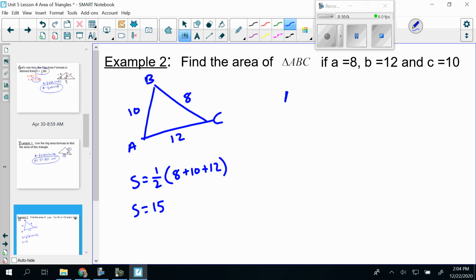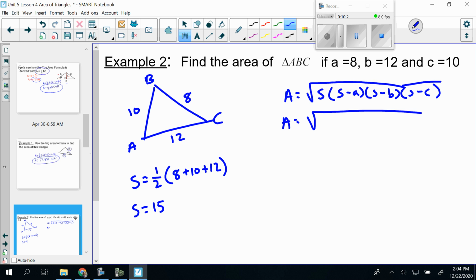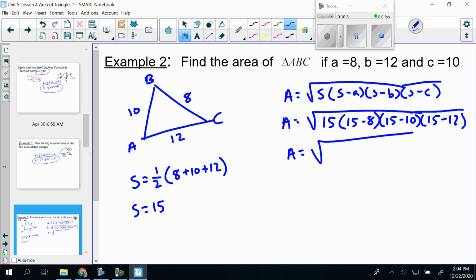So now to find the area, it's the square root of S times S minus each of the three sides again. So on this one, that's going to be 15, and then we do 15 minus 8, 15 minus 10, and 15 minus 12. We can simplify those pretty quick here, though, so that'd be 15 times 7 times 5 times 3.